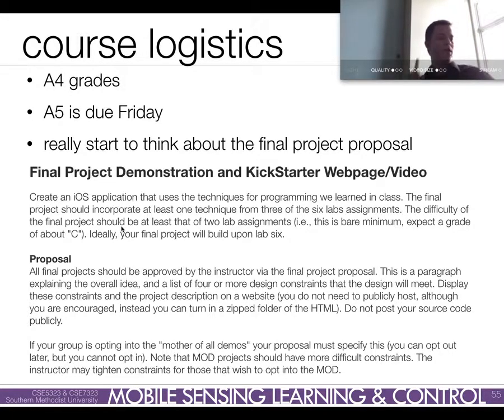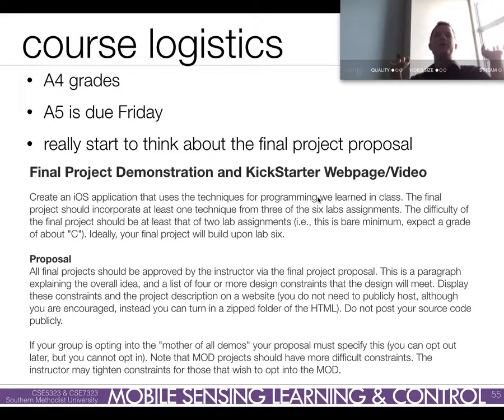Also, if you're doing the mother of all demos, which means you wouldn't have to do the Kickstarter webpage, you have to meet all of the constraints, and the constraints that you give me are going to be somewhat more difficult. If you're going to do the mother of all demos, I have to know when you propose. You can propose to do the mother of all demos and then decide, hey, no, we're opting out.